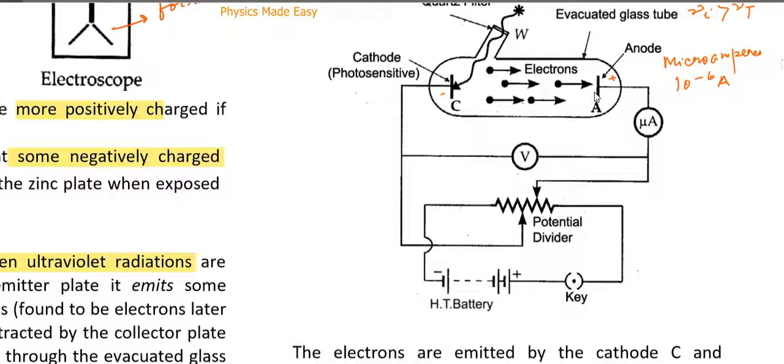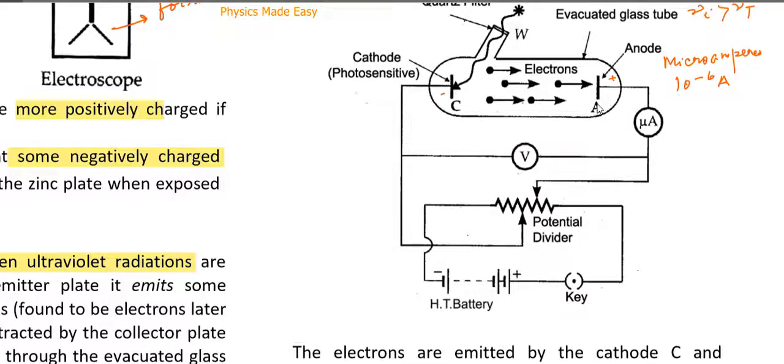If we make the potential at anode more and more negative with respect to cathode, note down I am using the word negative, then the number of electrons reaching anode will go on decreasing. At a particular point, even the fastest moving electron will not be able to reach the anode.